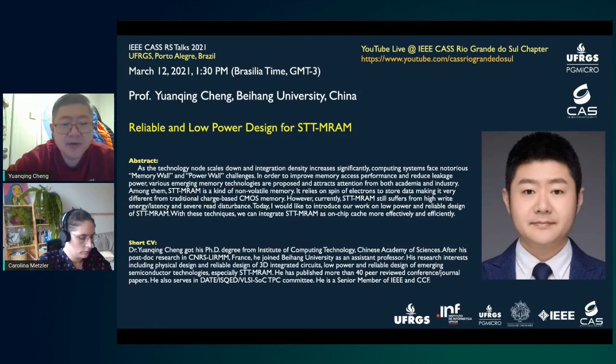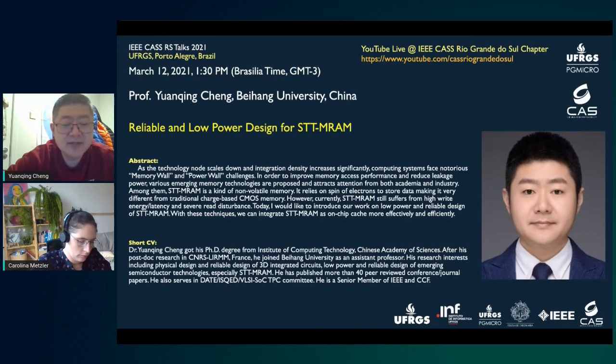But from the technical perspective, STT-MRAM can really be a very promising candidate for DRAM. But the technical advantage does not mean that it can be successful in commercial applications, largely because of the high fabrication cost.